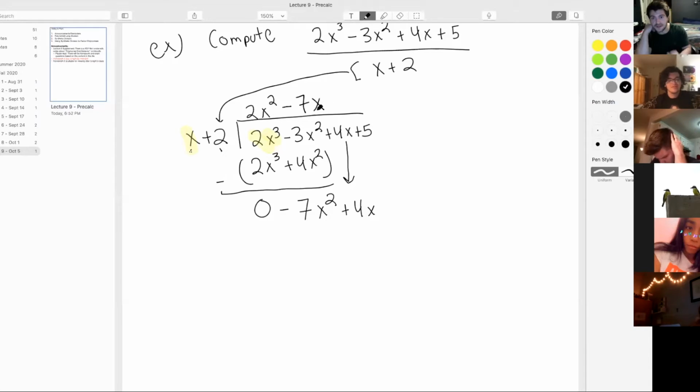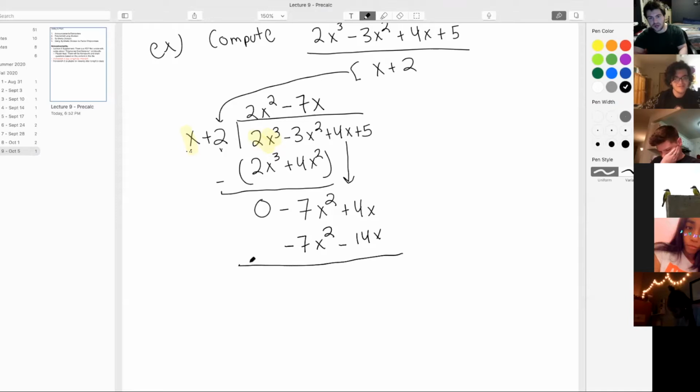So you put that up top, negative 7x. And now you multiply each of these terms, this x plus 2, by minus 7x. So x multiplied by negative 7x will give me that negative 7x squared, and 2 multiplied by negative 7x will give me minus 14x.